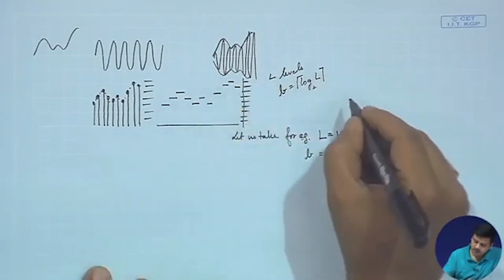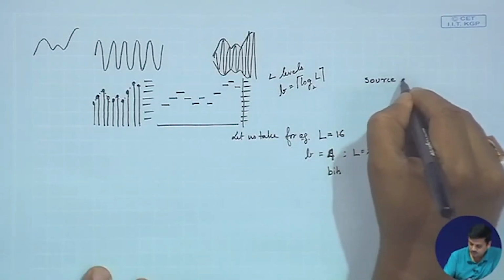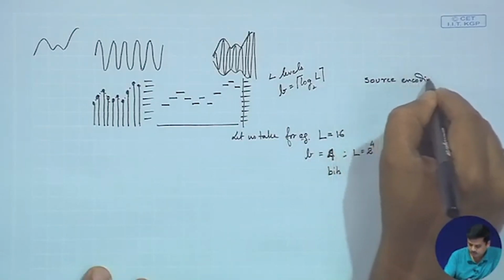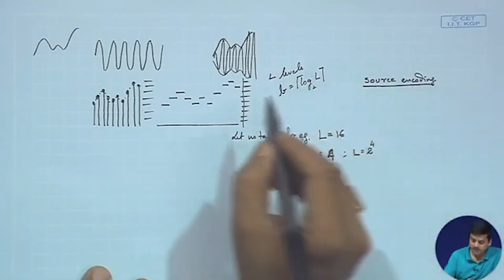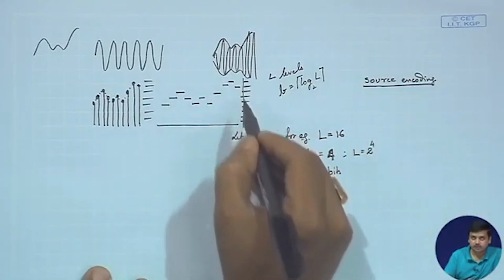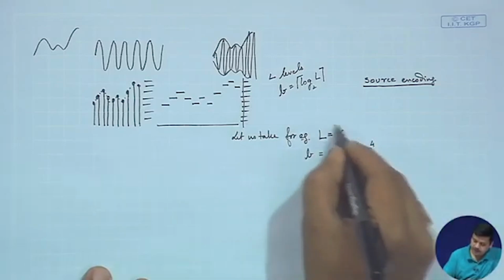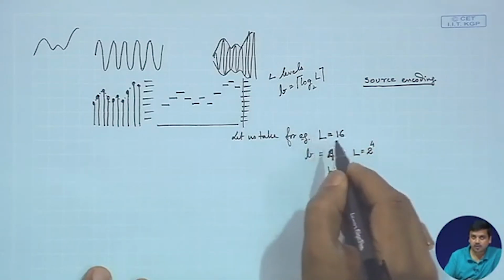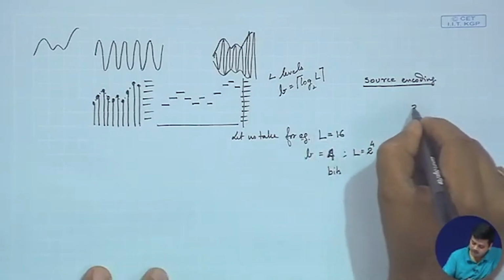And then there could be source encoding, that would depend upon the type of encoder, as well as the variability of this, that means the entropy of this. Let us assume that these 16 symbols would on an average require 3 bits.